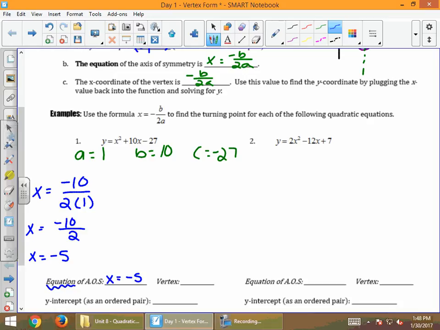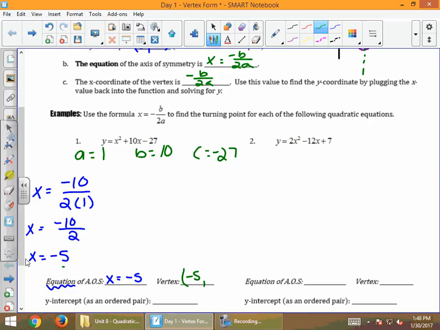Right? To get your vertex, just like we said up here, whatever you get as your axis of symmetry, that's the x value of your vertex. Okay? What did we say we have to do with this negative 5 then to find the y value of your vertex? Well, that is the y-intercept.